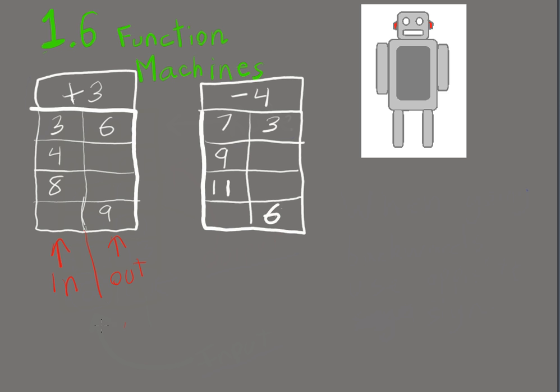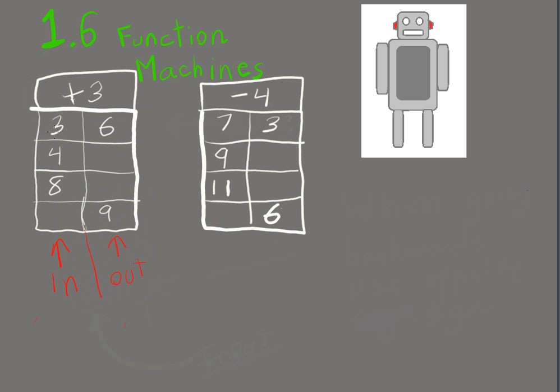Okay, split those up. So you can see here, for our example on top, we have a 3 was put in, went through the rule, +3, came out with a 6. Pause the video now and try to fill in these 3 empty spots.